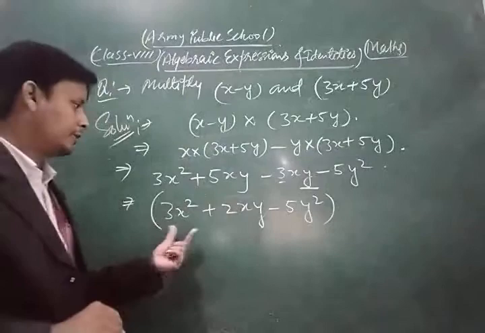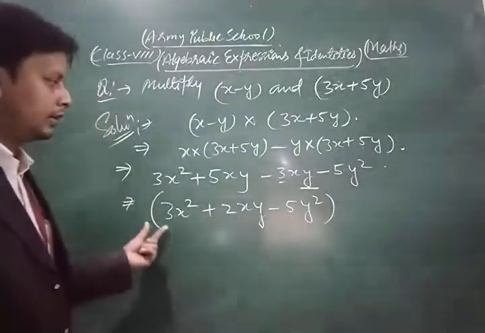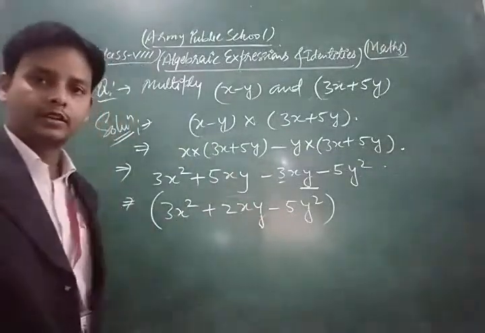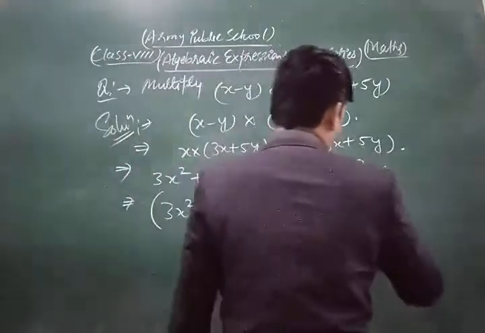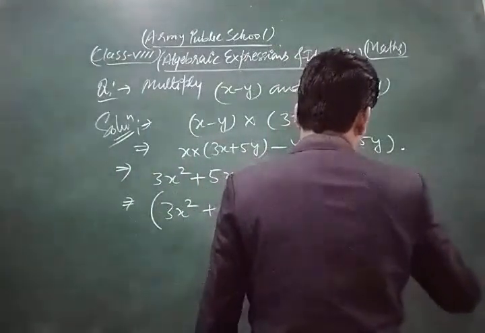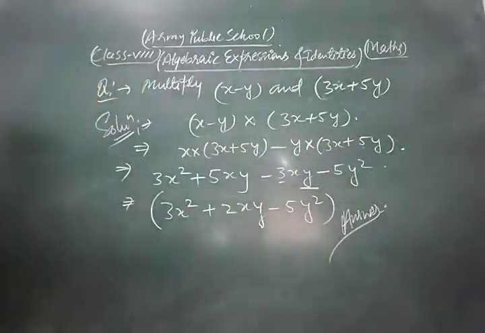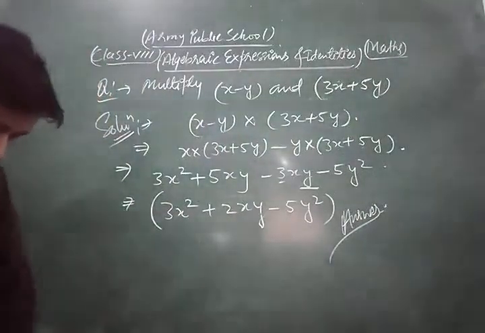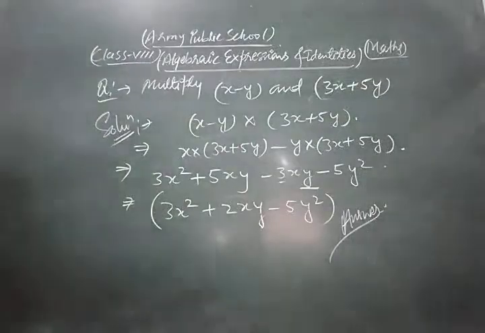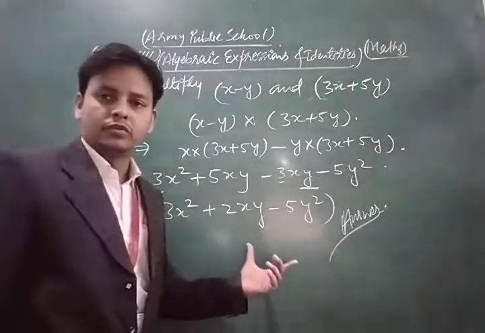So 3x square plus 2xy minus 5y square is the required solution of the given question.